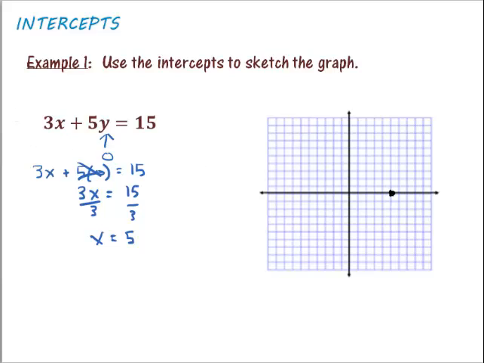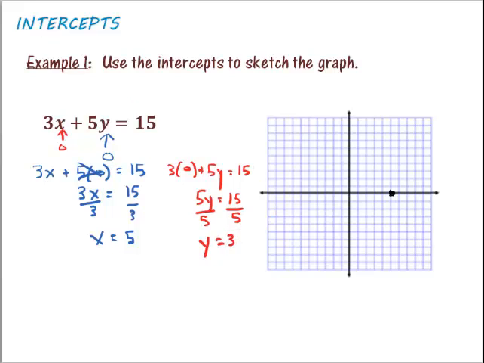Alright, now let's do our second one. Let's find the y-intercept. For the y-intercept, I'm going to put in a 0 for x. So I have 3 times 0 plus 5y equals 15. So that's just 5y equals 15. So divide by 5, divide by 5, and get y equals 3.